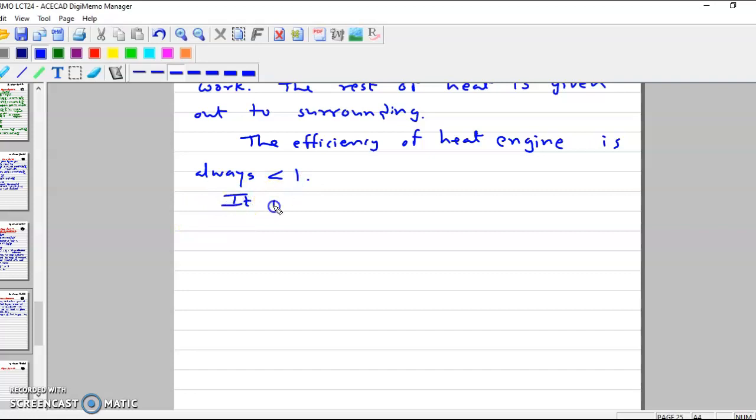So we can say that it is impossible to convert heat into work without compensation.